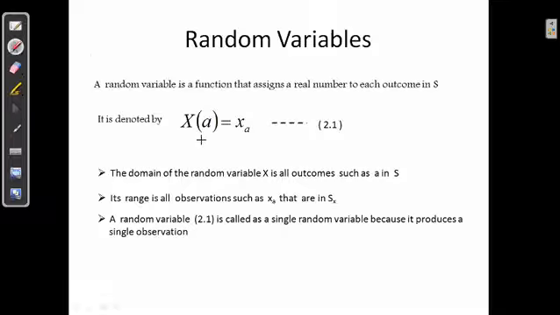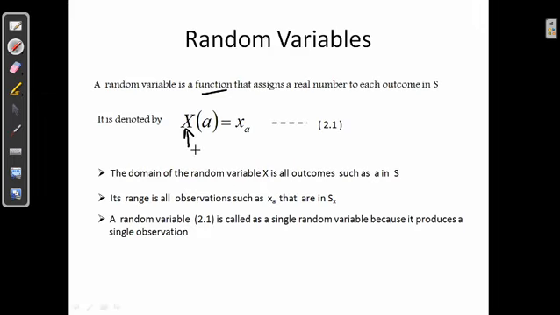It's a function which assigns a real number to each outcome in S. What does this function, the random variable, do? It's nothing but a function. It goes on giving values from the sample space. That is what a random variable is. Here I'll be using capital letter X or Y, whatever it may be, to indicate a random variable.